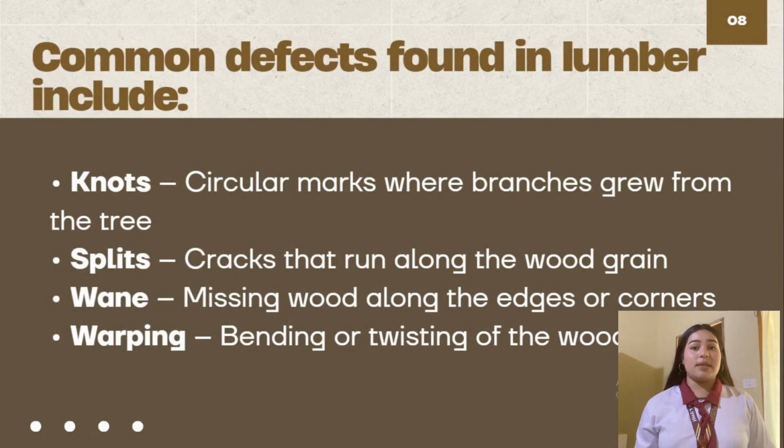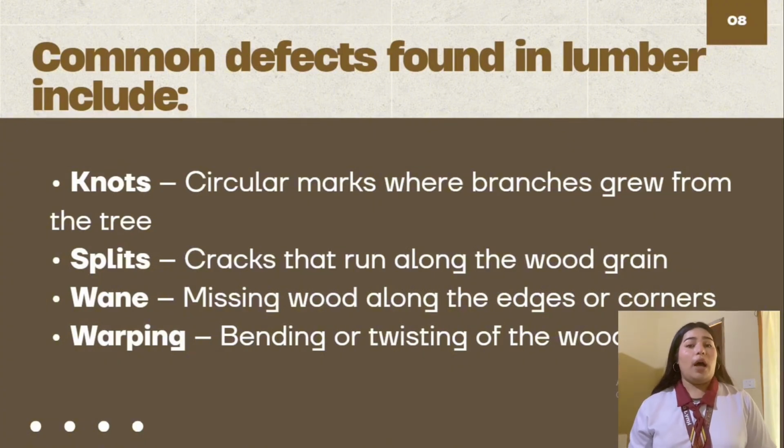Common defects found in lumber. First are knots. These are circular marks where branches once grew from the tree. Next are the splits, which are cracks that run along the grain of the wood. Another defect is the wane.